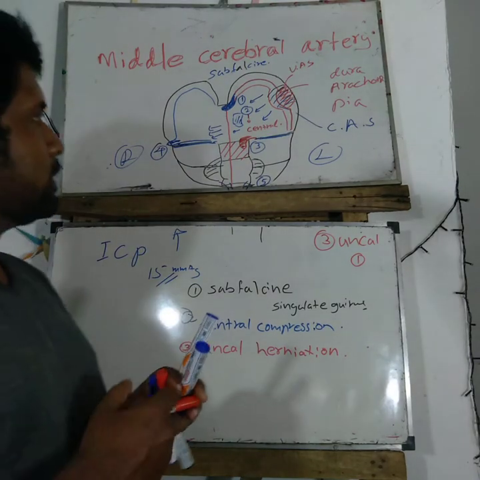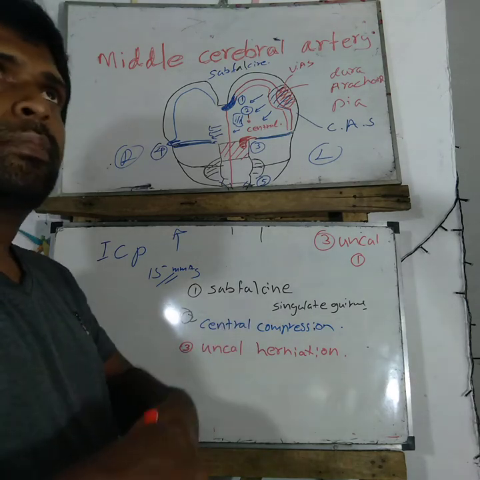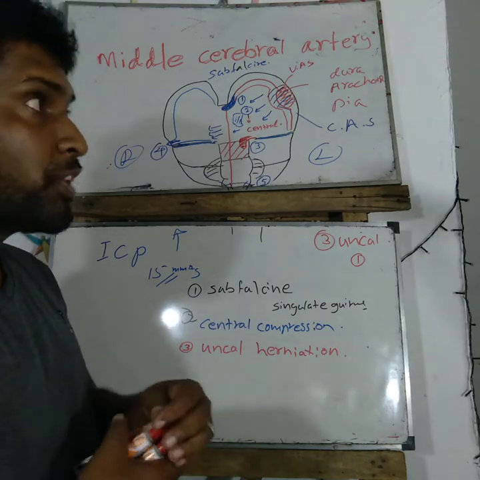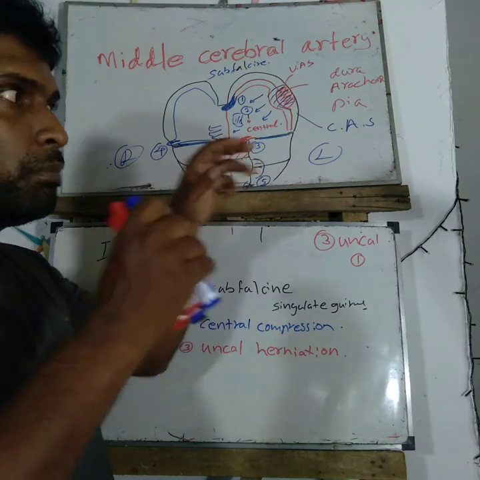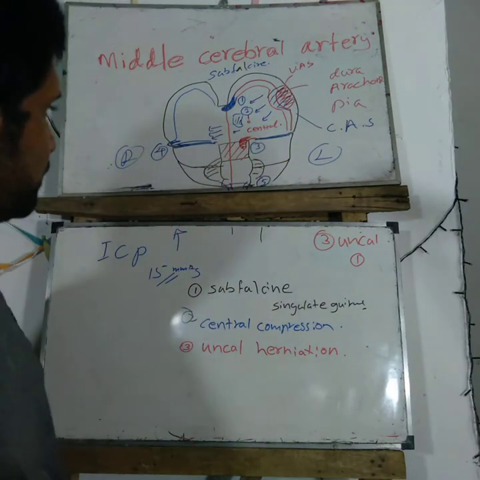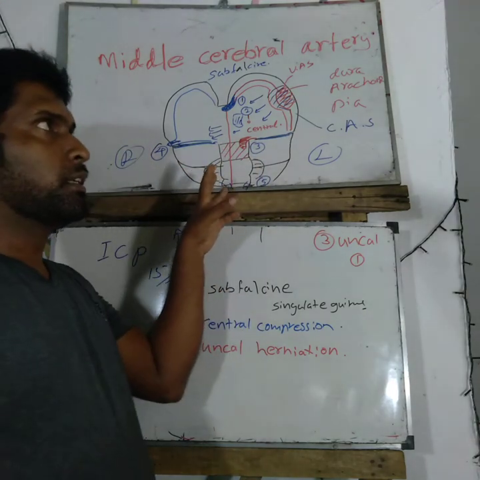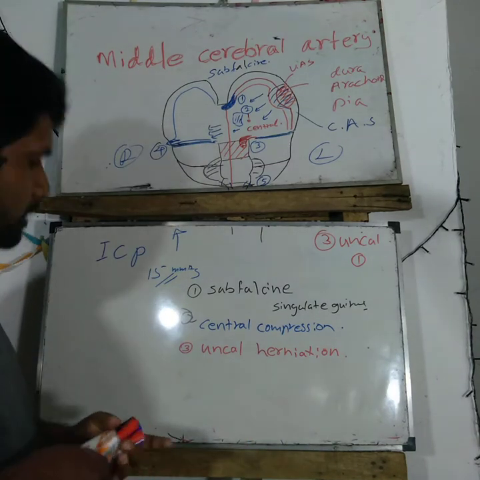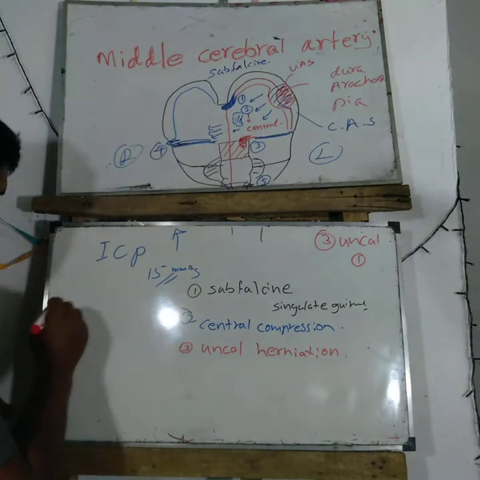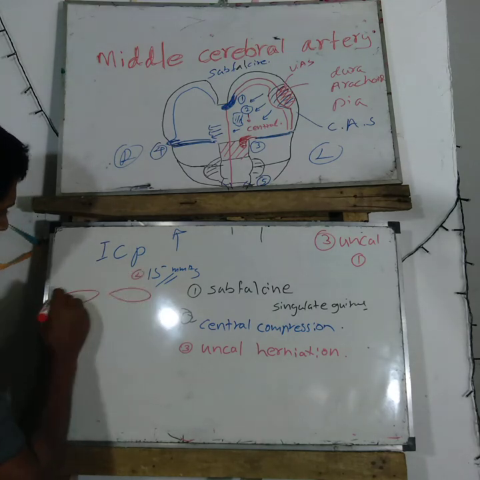While we are talking about this uncal herniation, it is most important to understand the middle cerebral arterial patient. Now he is having some compression starting inside the brain. How can we understand this uncal herniation? Externally, when considering both eyes, that's the most important. So both eyes, this is the left side, right side eye.